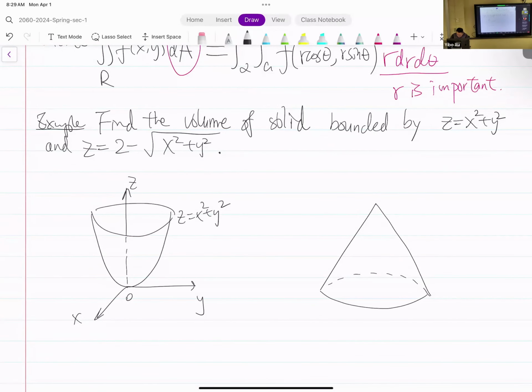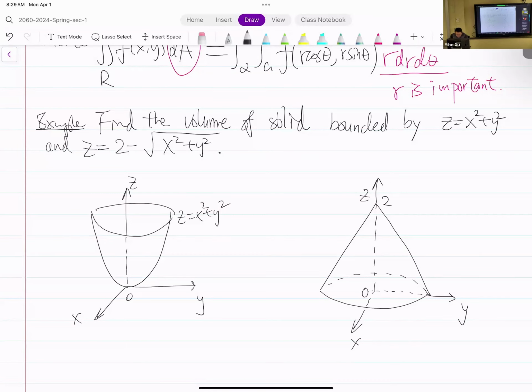When you're doing cross sections, if you fix the z value, you will always get a circle. The maximum z value is 2.